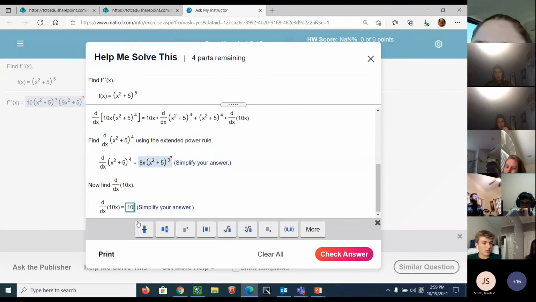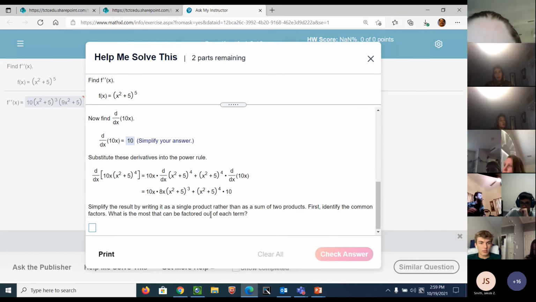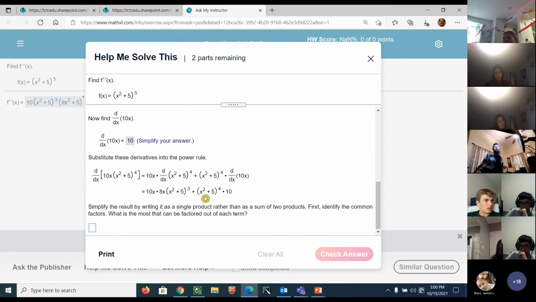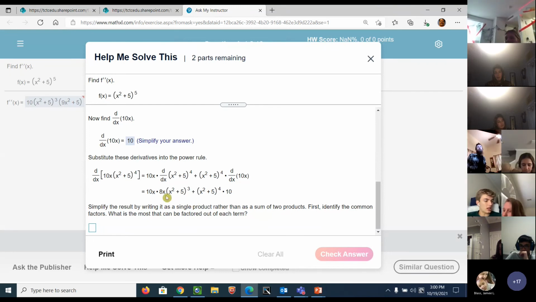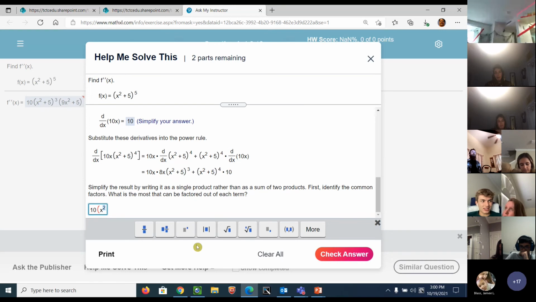Yeah, that's what it is. They're factoring out. You got to factor out an (x squared plus 5) to the third power. And 10 will come out of that. So 10 times (x squared plus 5).